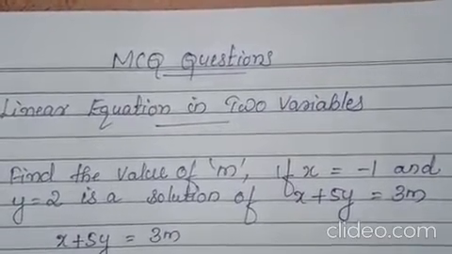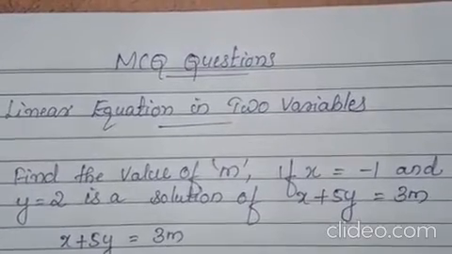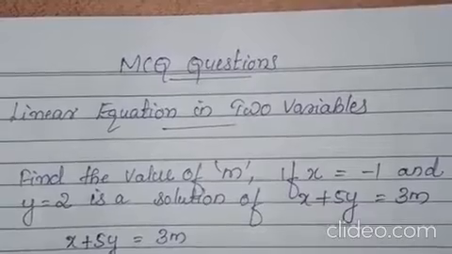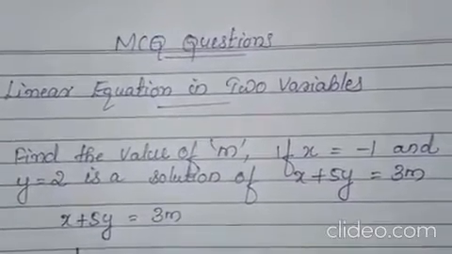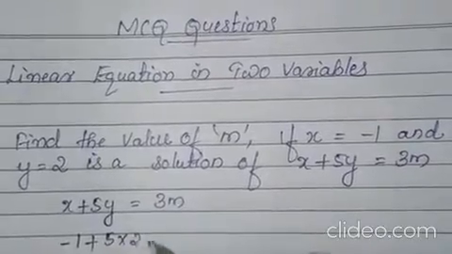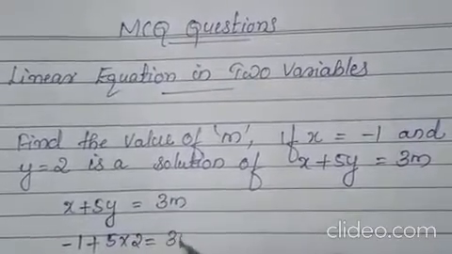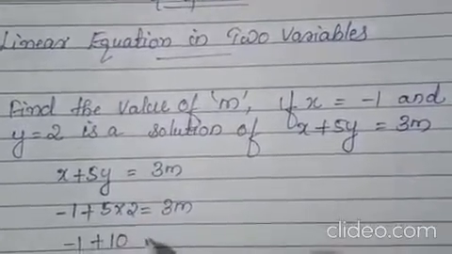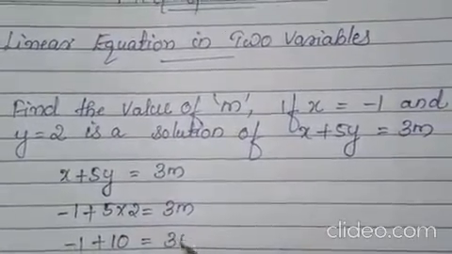So we should substitute the values. x is equal to minus 1, so minus 1 plus 5y, that means 5 into 2, equals 3m. Then minus 1 plus 10 equals 3m.